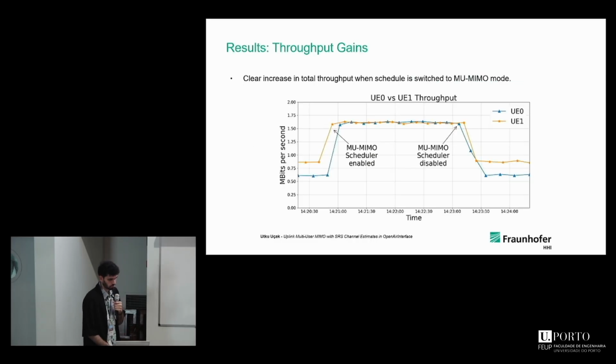The initial results that we can show are the throughput gains that you observe when you switch between the scheduling modes. Switching between SDMA and OFDMA modes gives you throughput gains because now we don't need to share the resources between two UEs. This can be clearly observed when the system is running because you can switch between the scheduler modes.